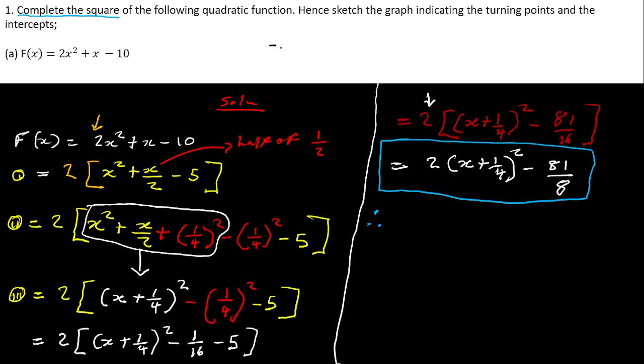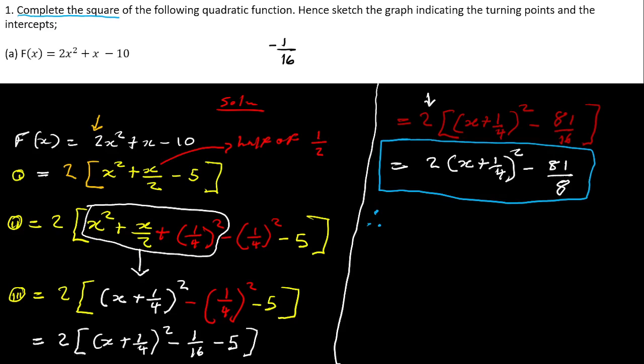So you have 1 over 16, then you are saying minus 5. When you find the common denominator, it is simply negative 1 over 16 minus 5, and this will be 16 down there. 16 into 16 is 1, so negative 1, and then over 1 into 16 is 16, 16 times 5 is simply 80.